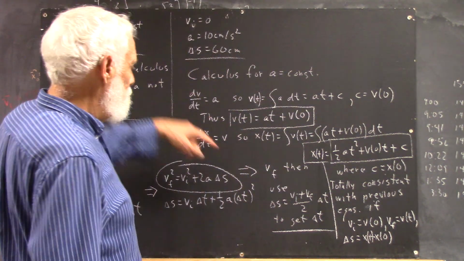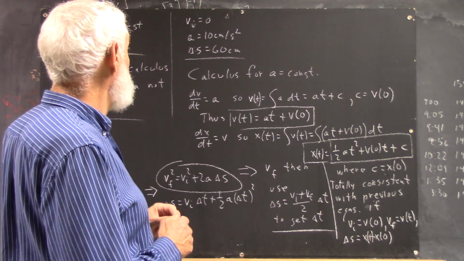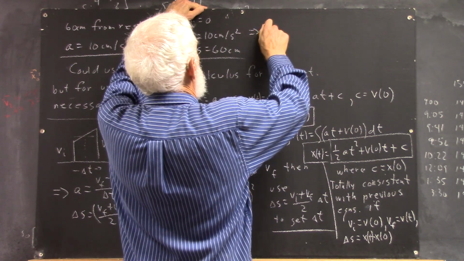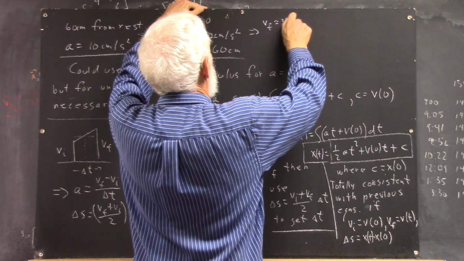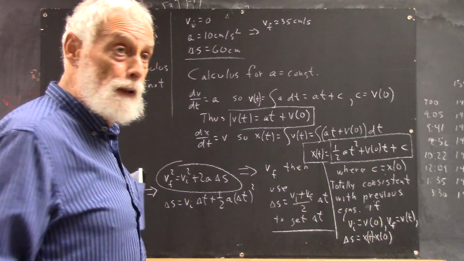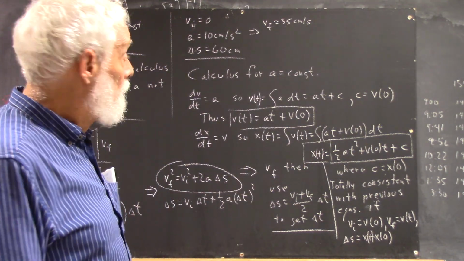Okay, so we figure out easily using these equations that the first ramp VF rounds off to 35 centimeters per second, 34.6, whatever, okay?